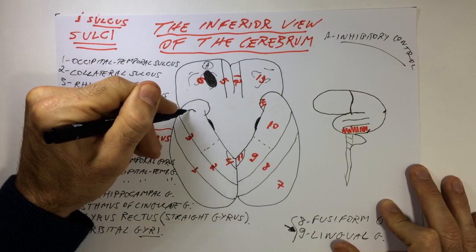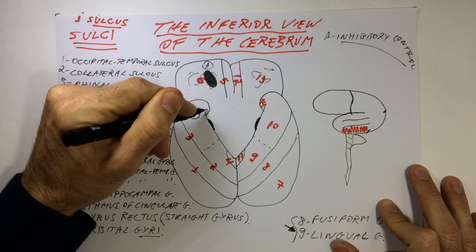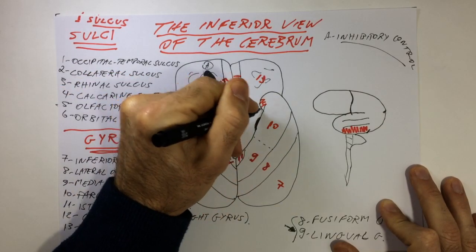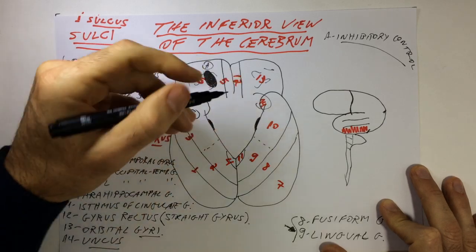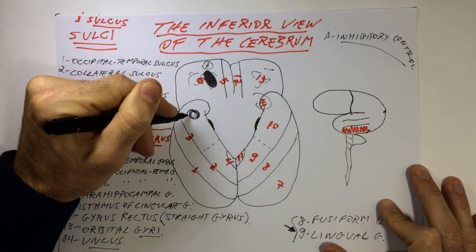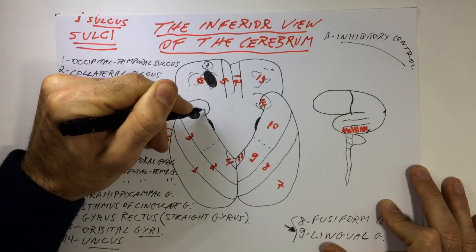Okay. Another one that we can tell here. Actually, I just mentioned before, but here and actually here, I forgot 14. So 14, that's called uncus. That is also related to the olfactory functions. So here as well.